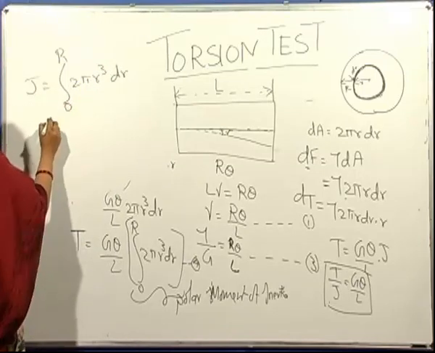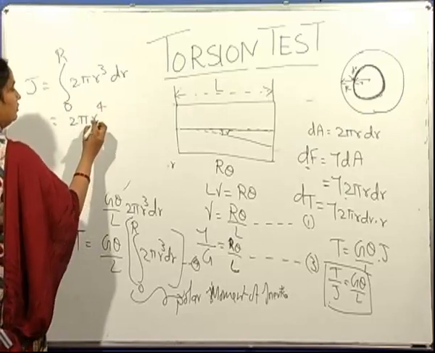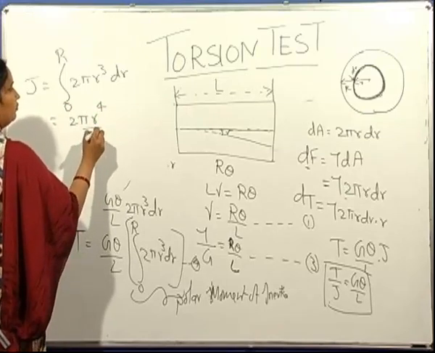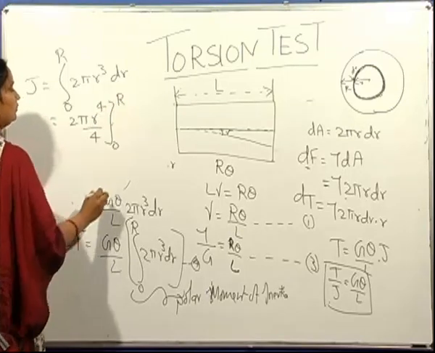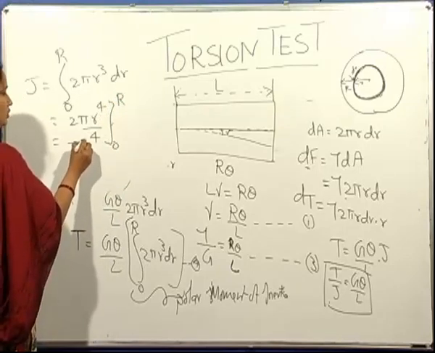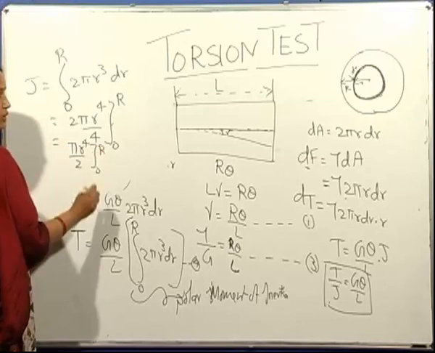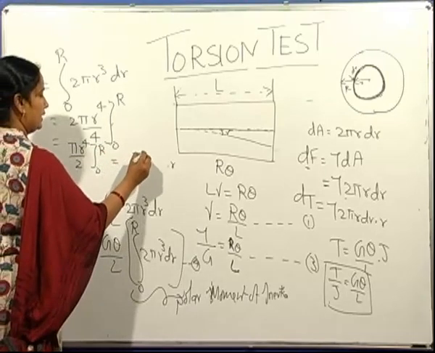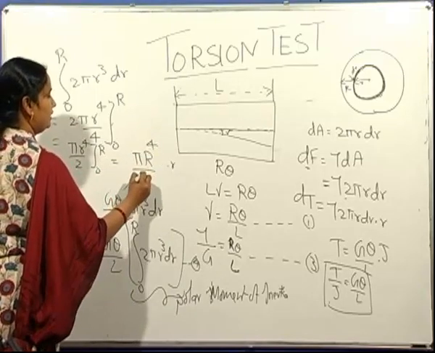On integrating between these limits, we have 2 pi r to the power of 4 by 4 between the limits 0 to r, which further simplifies into pi r to the power of 4 by 2 between the limits 0 to r. This equals pi capital R to the power of 4 by 2.